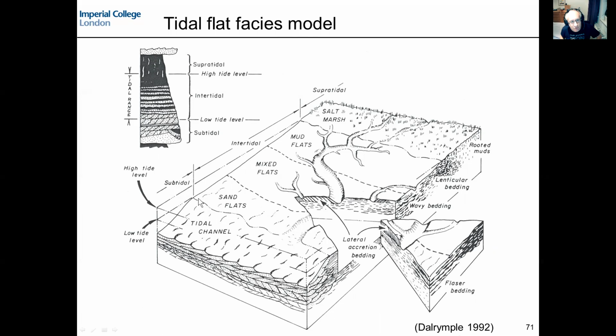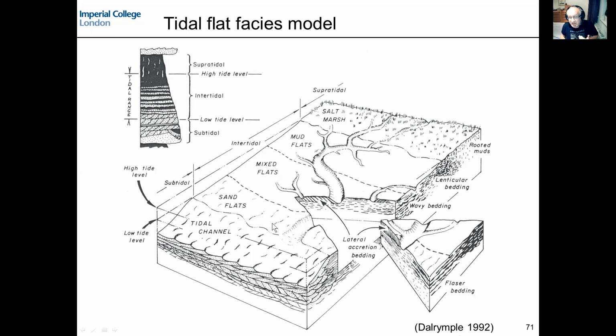As we move back up the tidal flat, we're into this intertidal area. This is covered by water at high tide and it's exposed at low tide. And if we look at the lower part of that tidal flat, this is the part which is underwater for longest. It's dominated by sand, so sandy ripples.